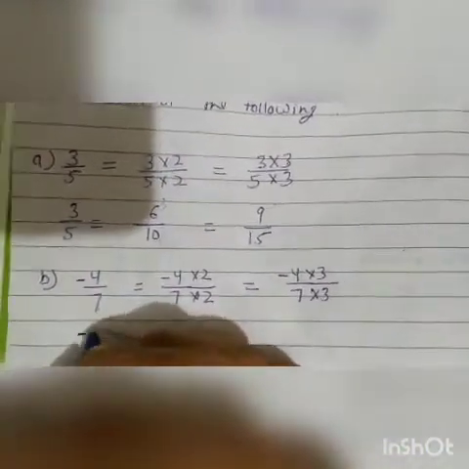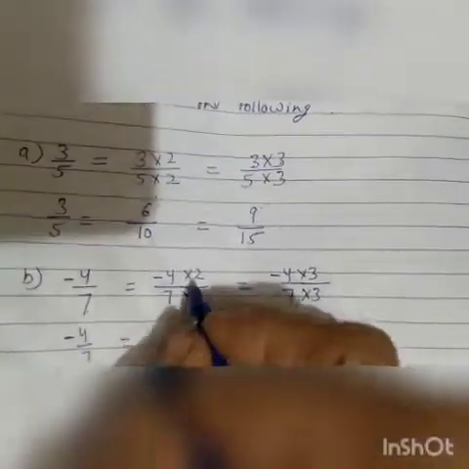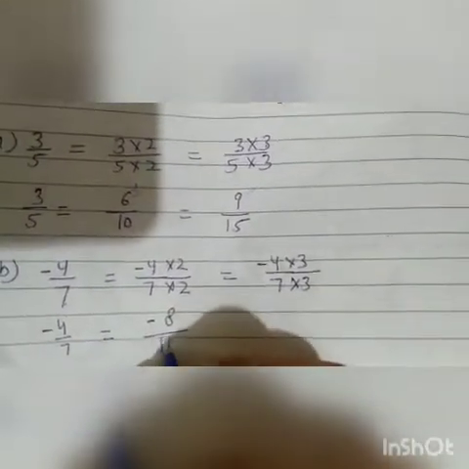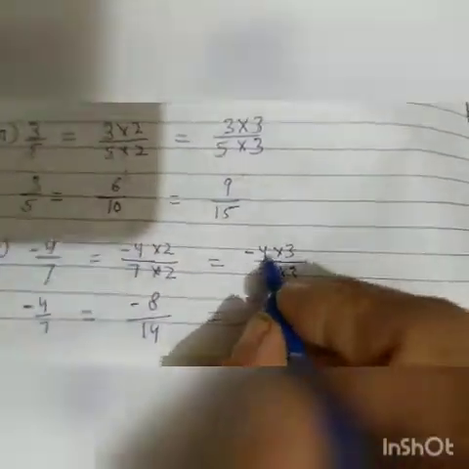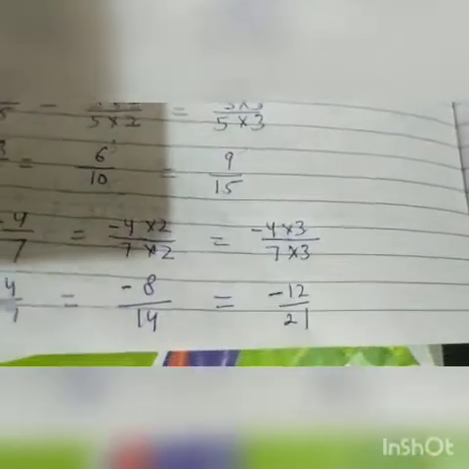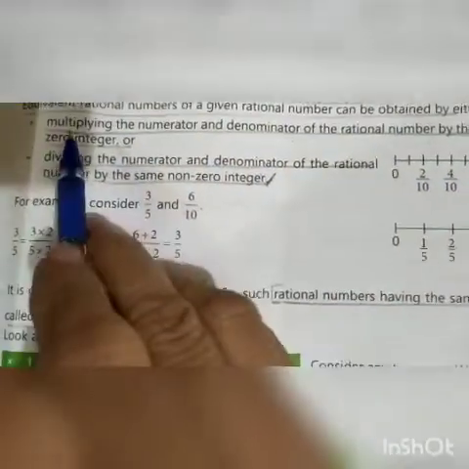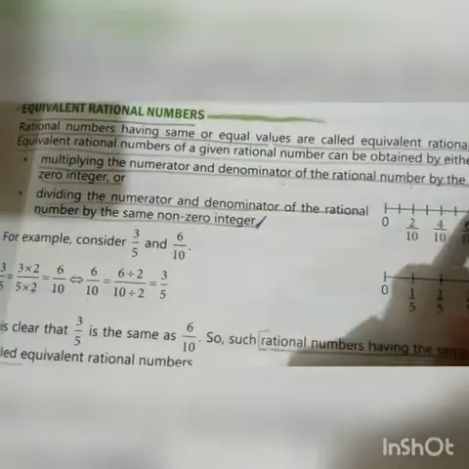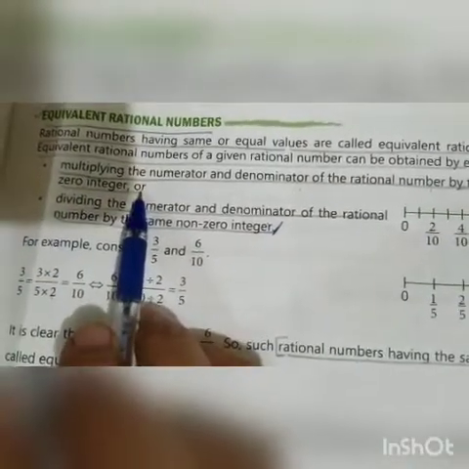Now it will be minus 4 upon 7 equal to 4 twos are 8, minus 8 upon 7 twos are 14, equal to 4 threes are 12, minus 12 upon 7 threes are 21. See here, multiplying the numerator and denominator of the rational number by the same non-zero integer.